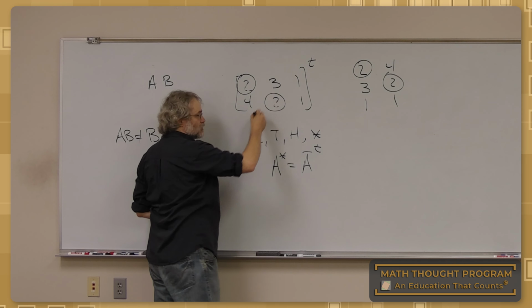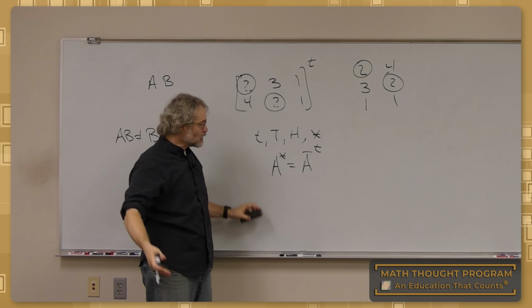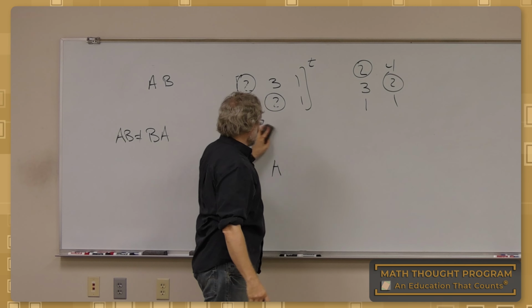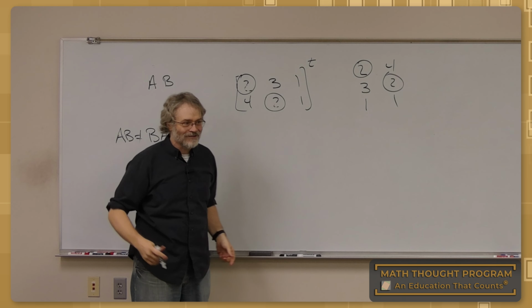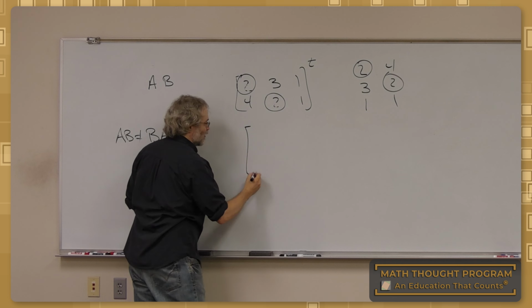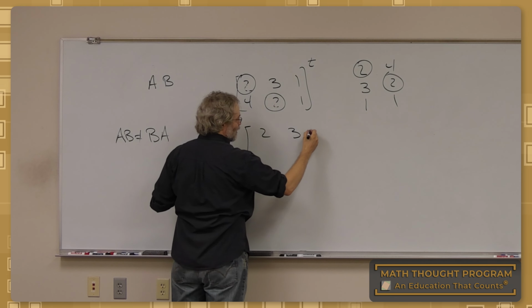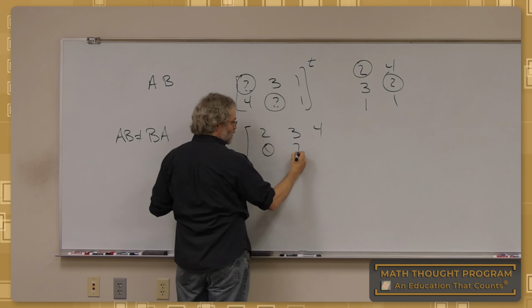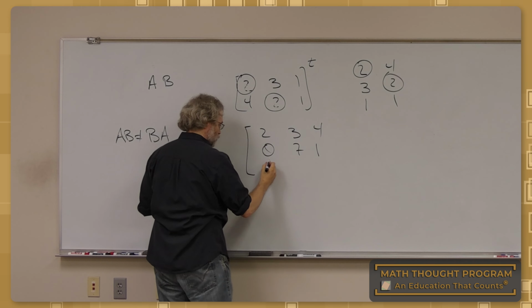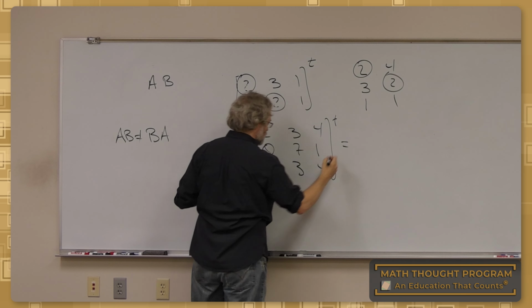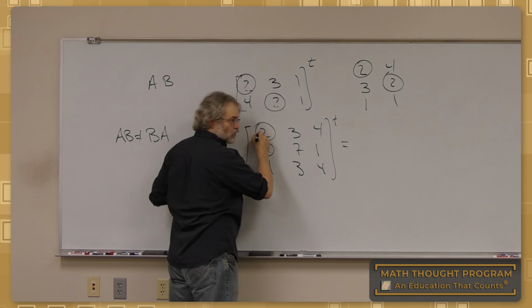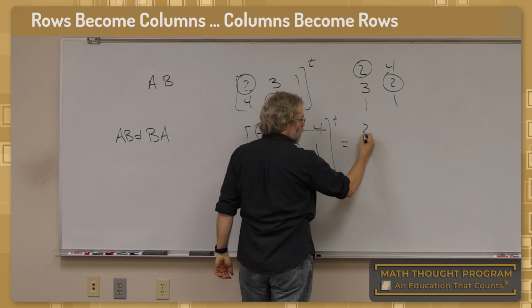And I can do this with 2x3s, I can do it with 2x2s, I can do it with 4x4s, but you might need a really big long nail for a 4x4, right? If you were to have, let's say, a 3x3, and you take the transpose, take the row, make it into a column.